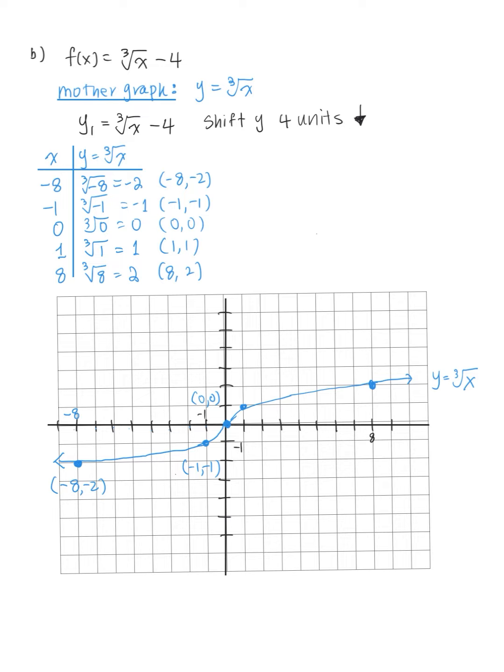So now what we need to do is take each point, and we're going to have to shift those points 4 units downward. Okay, so let's first start out with (-8, -2). This point's going to go down 4 units, right? So think about it. Yes, I know it's really easy to go 1, 2, 3, 4 and make a dot, but which values are changing? Are the x values changing?